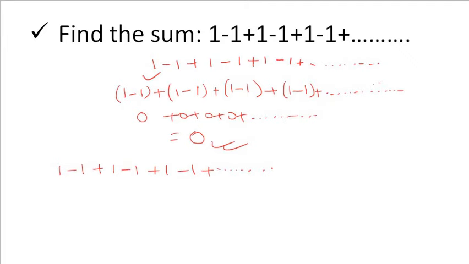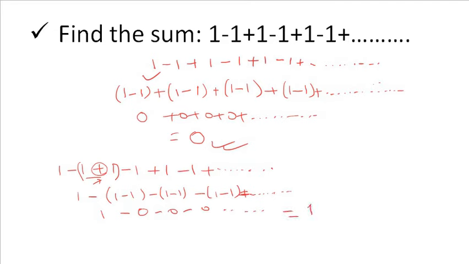If we take the last two terms in a bracket, the sign will change, so it becomes minus 1 minus 1 minus 1 minus 1 and so on. Sorry, here it is minus. So the sum of this is 1 minus 0 minus 0 minus 0 and so on. So the result here is 1.